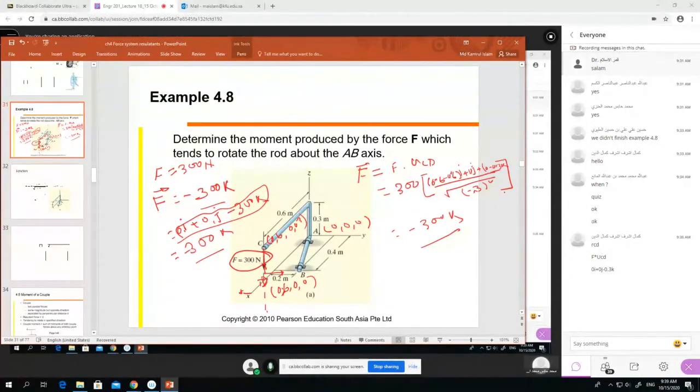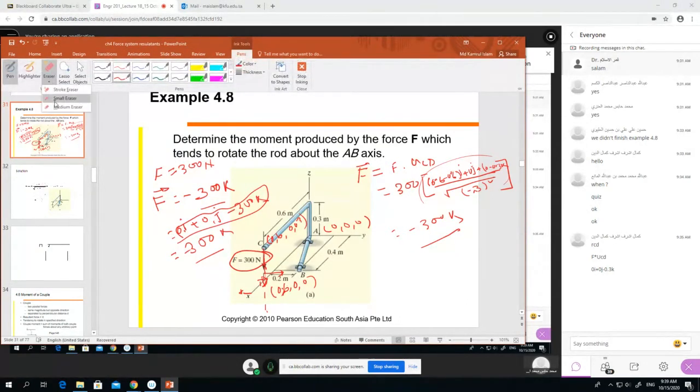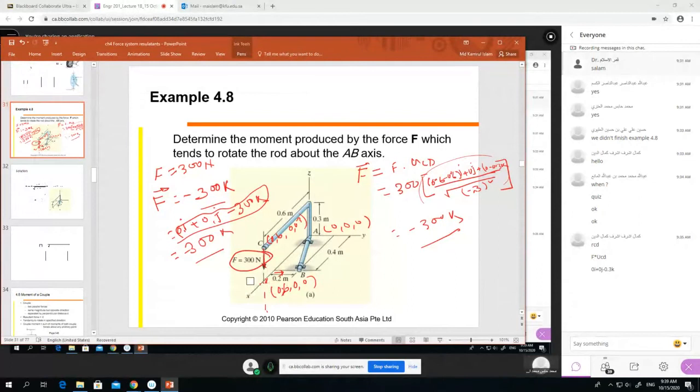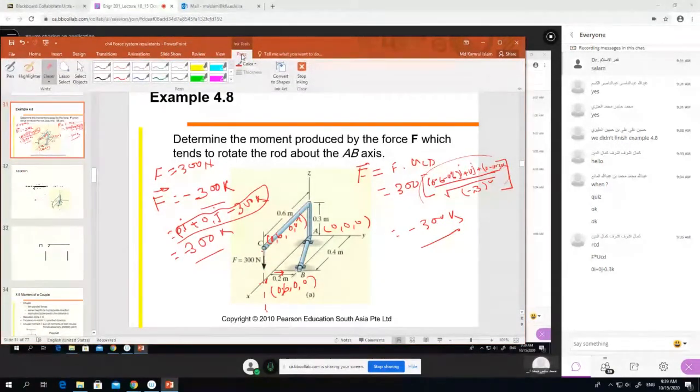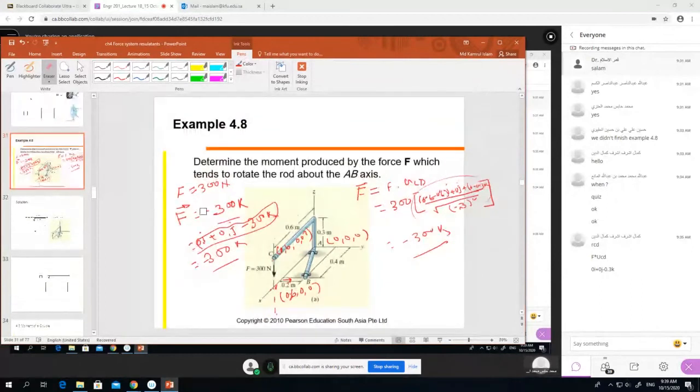So instead of doing those calculations, you can easily find it visually. You can tell that this is 300 in the k direction, so the F vector is minus 300k, right?